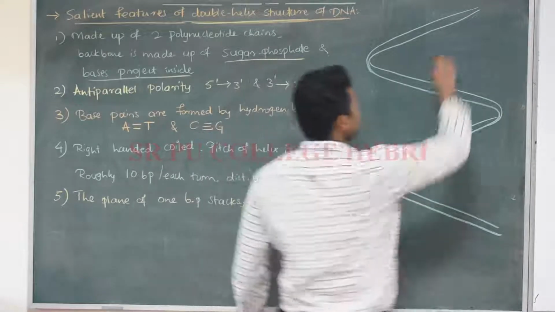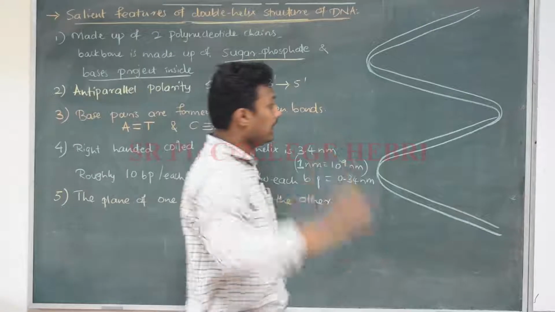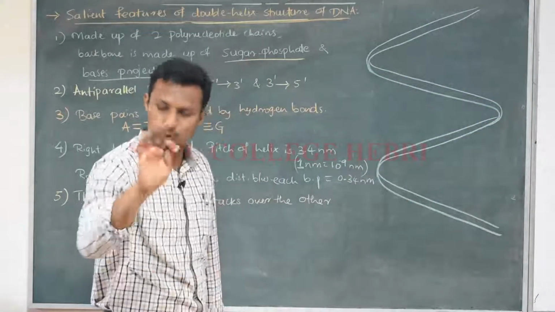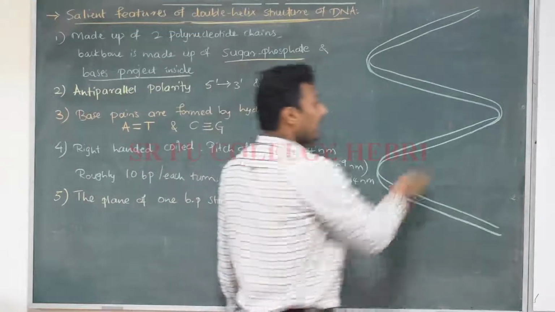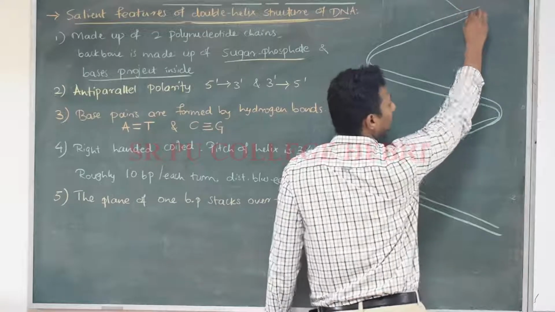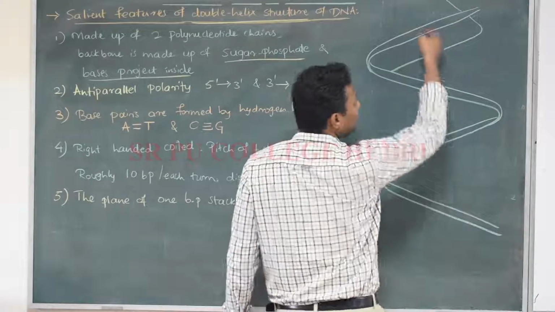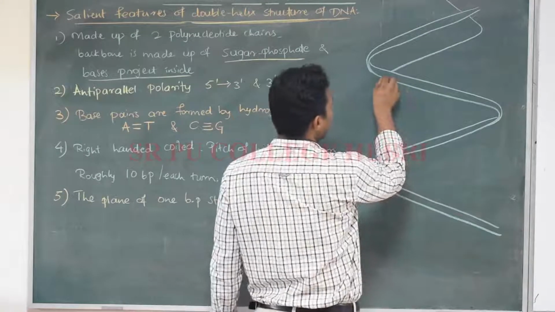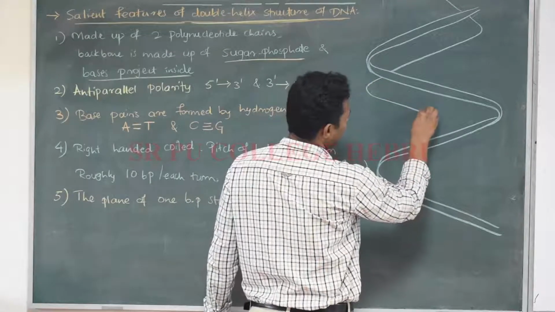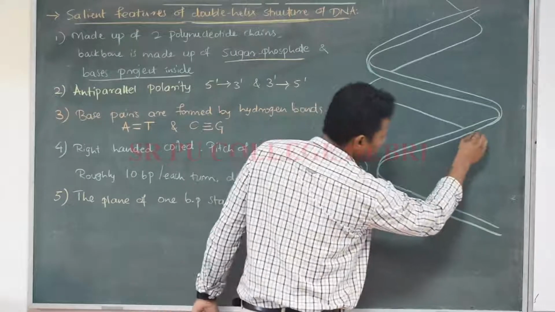This is one strand, and I have drawn an S-like structure. You also should draw it like this only. And while drawing the other strand, you take it from here, and the other line should run parallel to this one. And once again, when it comes here, this should be a parallel line to this one. See, this is running parallel all along.